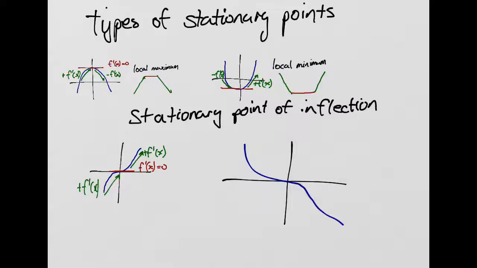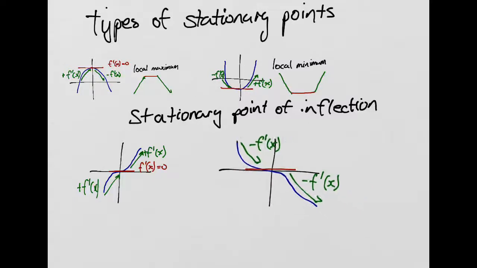We would still have the same stationary point through the middle, but we would have a negative derivative prior and a negative derivative after. Both of these are points of inflection.